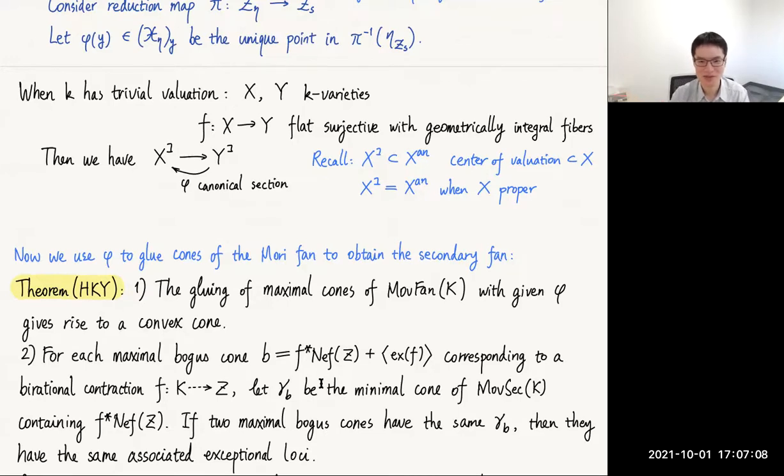So when we pull back this part, it might not be the same dimension, and we also add to it the exceptional divisors. It could be the same dimension, or it could also be lower dimension.